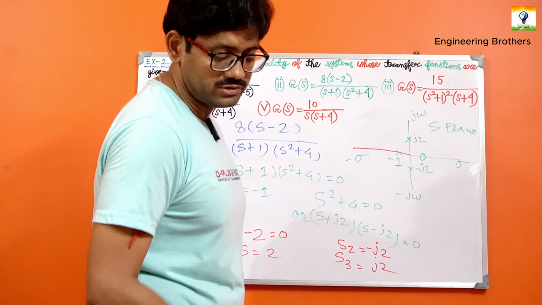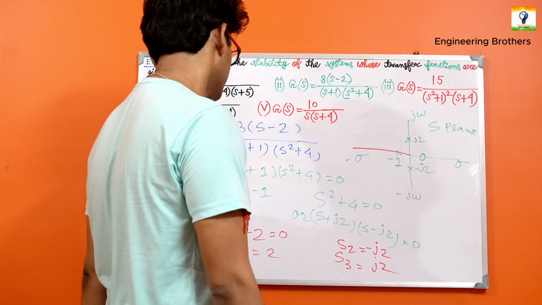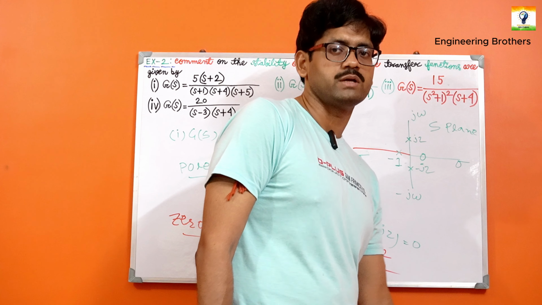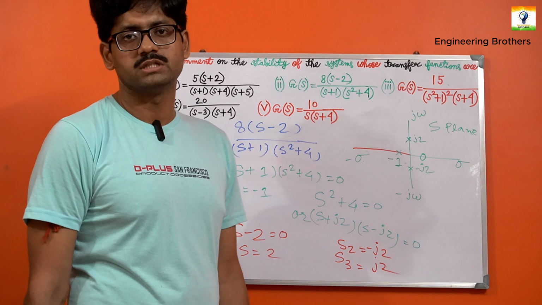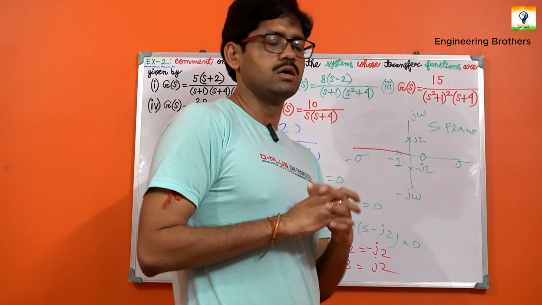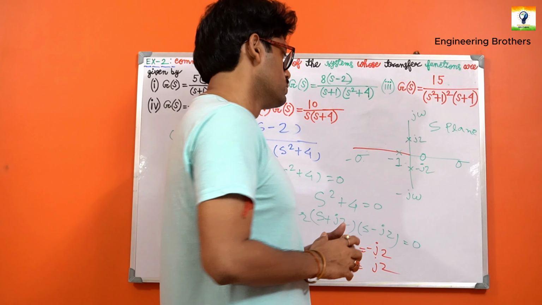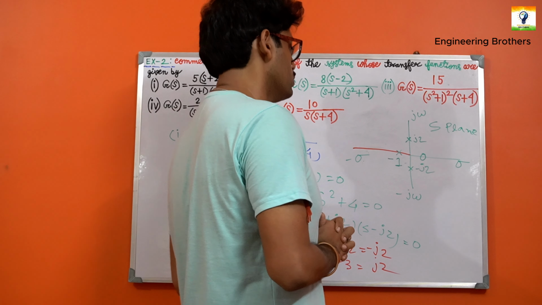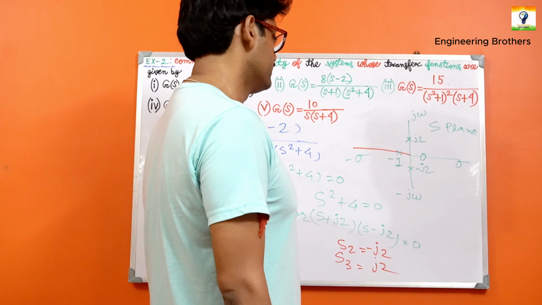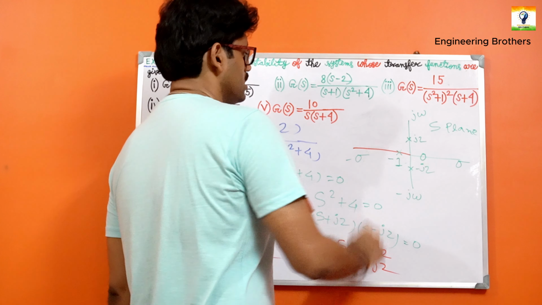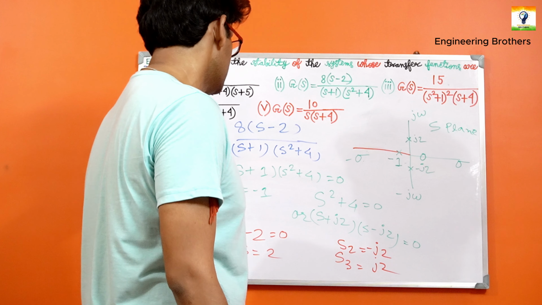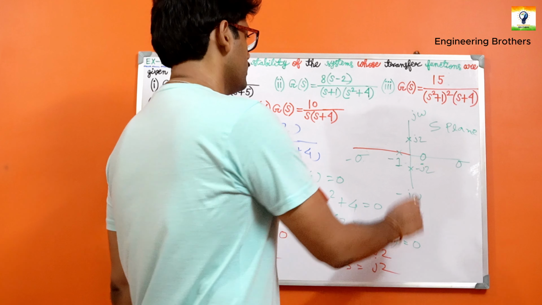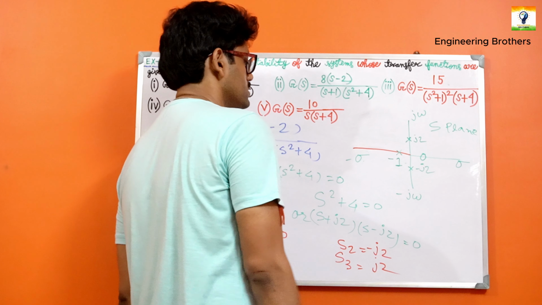Now we are not interested in the zeros, though they are placed on the right hand side of the S plane. We are only interested in the locations of our poles: one pole is located at minus 1, and the complex conjugate poles are located at plus j2 and minus j2.